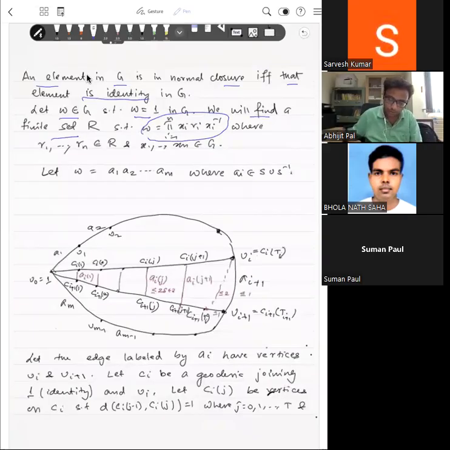So W equals A1, A2, up to AM, where each AI is a generator or the inverse of a generator.